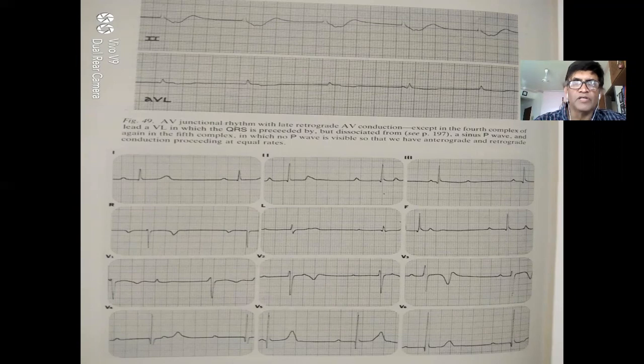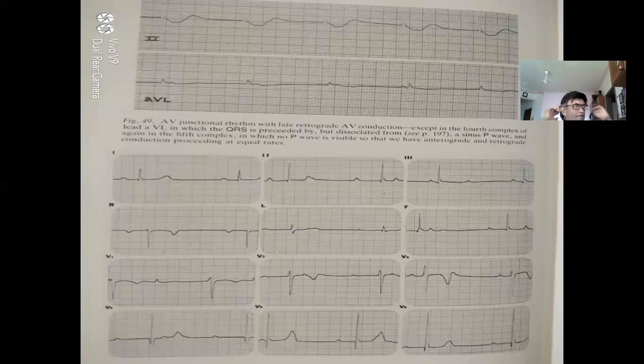It is a combination of heart block 1 and heart block 2. That is a clue. Anyone? Increased PR interval plus missing beats. Yes, but it is in a pattern.